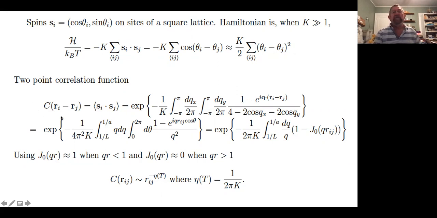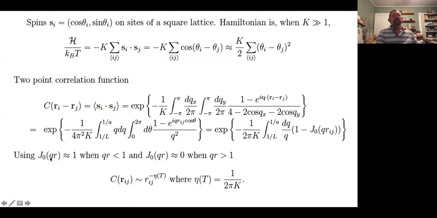And therefore, the spin-spin correlation function, when R_i minus R_j is very large, can be written like this. It's not very hard to do these integrations.